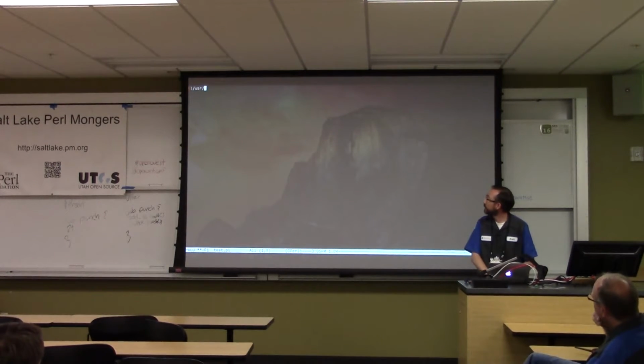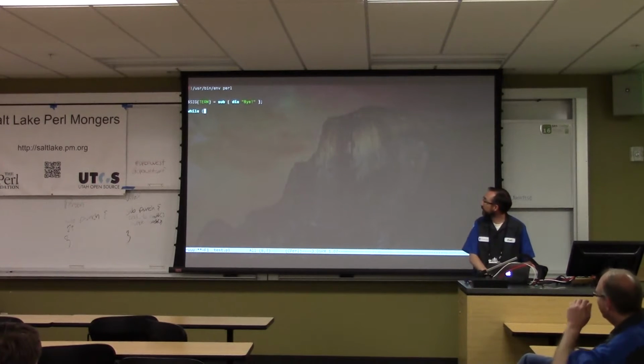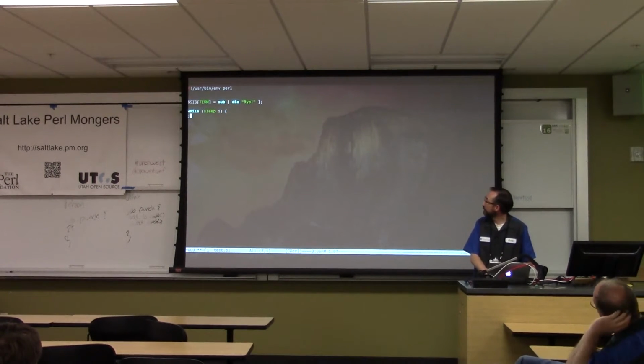So a signal handler might be something like this, where we would say SIGTERM sub, and this would be our signal handler. Actually, it should probably be... And then we would do something like this, and something's going on here in the loop, and so we would then run this.